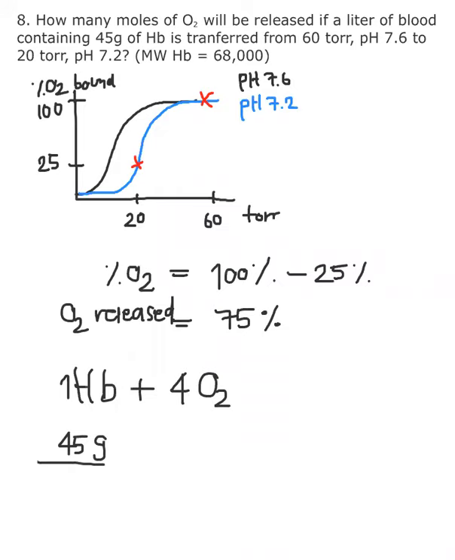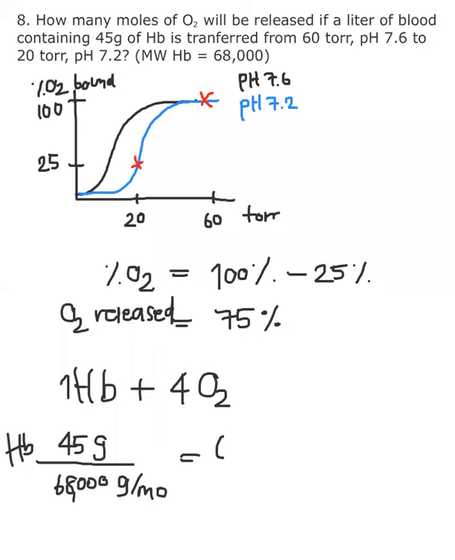So we divide the grams by the molecular weight to get the number of moles. So your hemoglobin would be equal to 6.6 times 10 to the negative 4 moles.